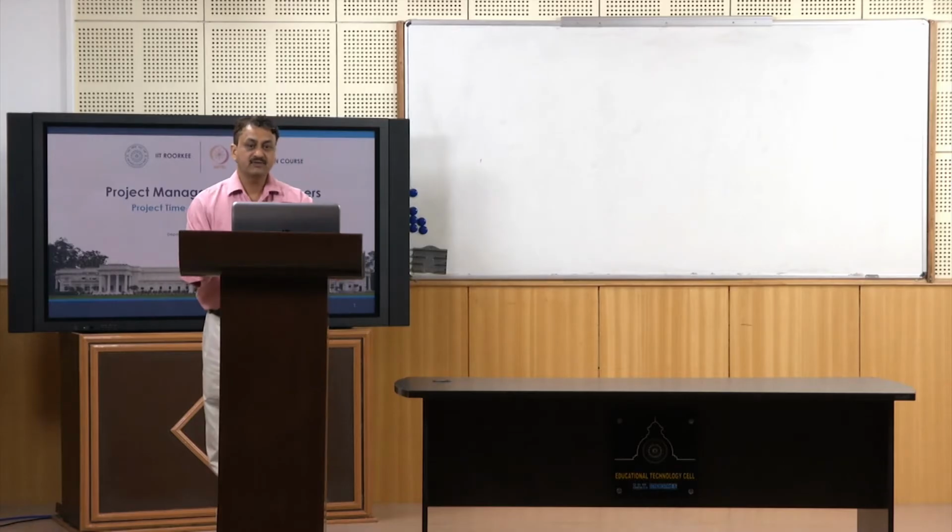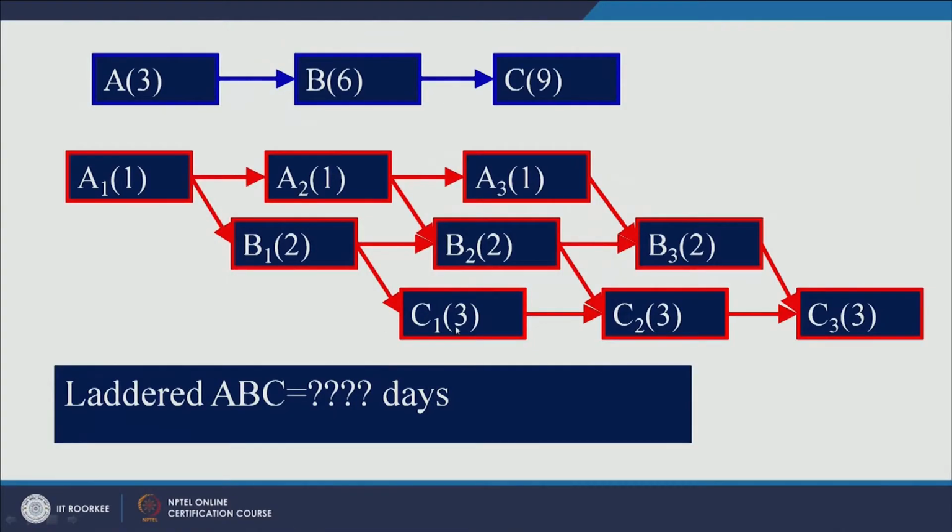Similarly activity C, we know that we cannot complete activity C unless and until we complete activity B fully, right. So activity C can be divided again into 3 subtasks, each has got 3 days duration, right.